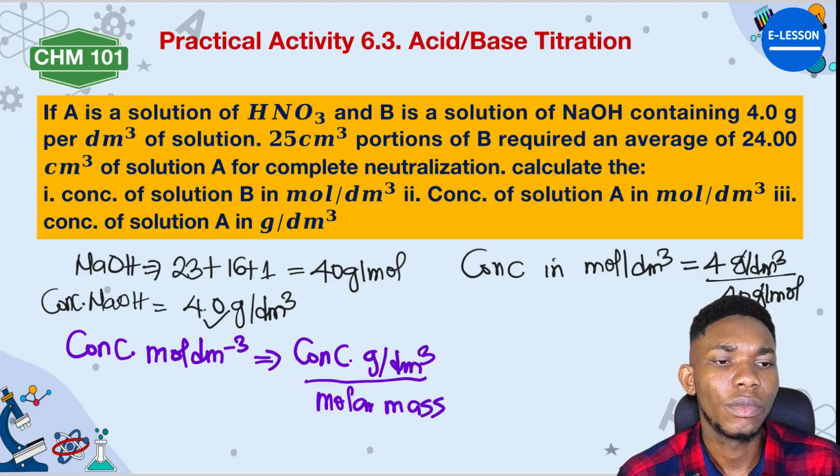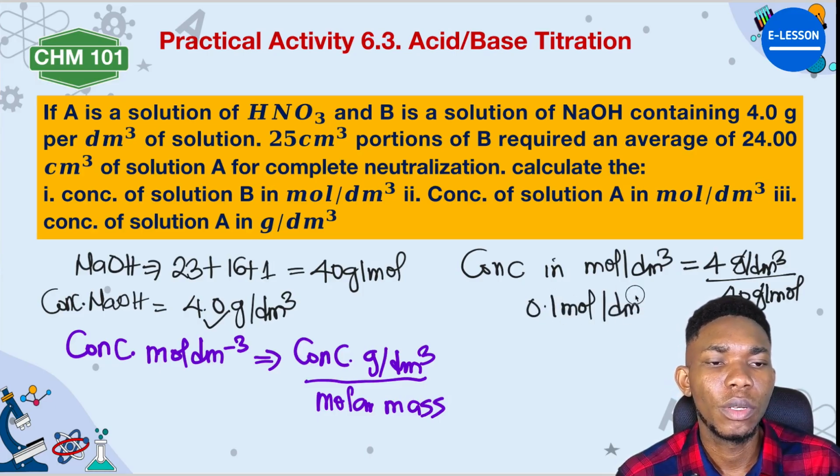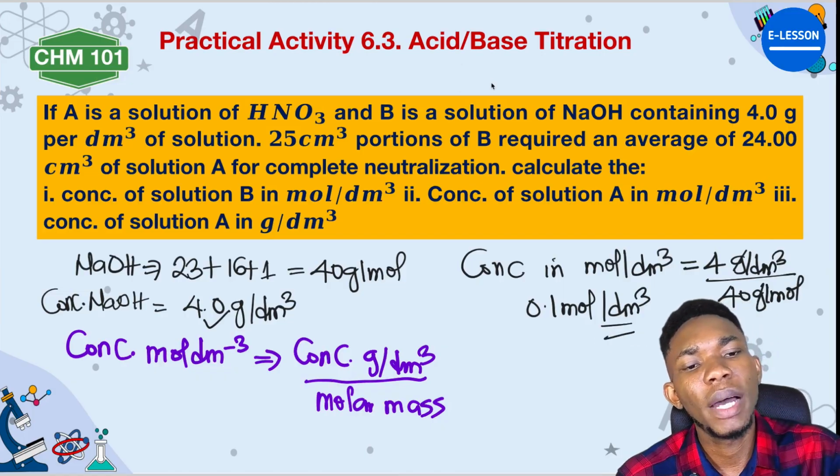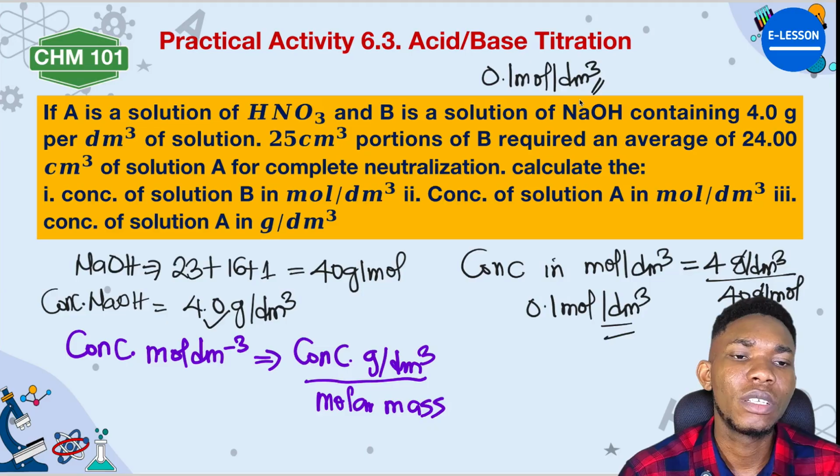Gram cancels gram, 4 divided by 40 will give us 0.1 mole per dm cube. So my dear student, the concentration for B is 0.1 mole per dm cube. Is that okay?